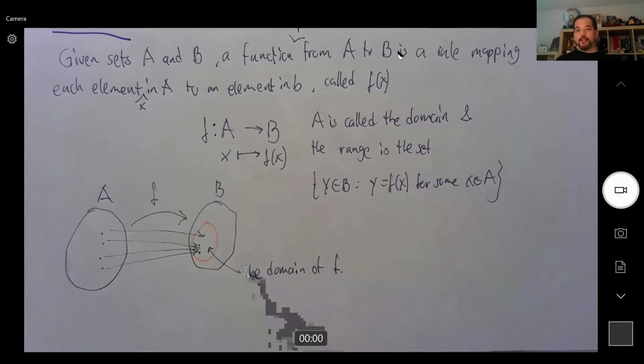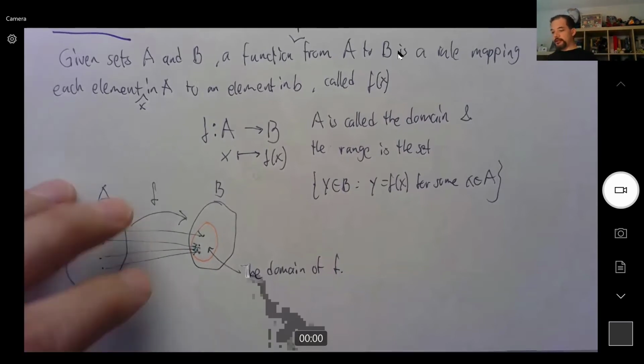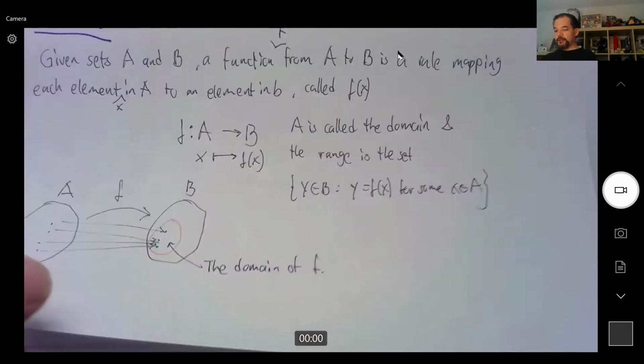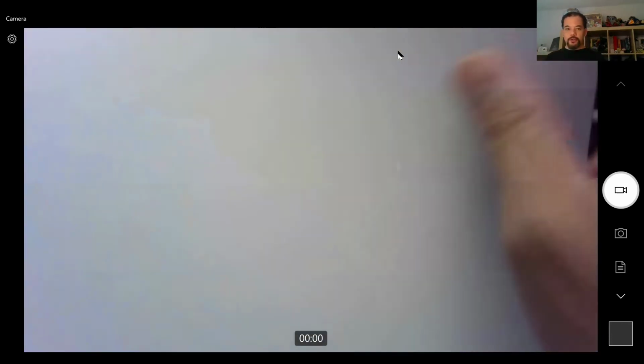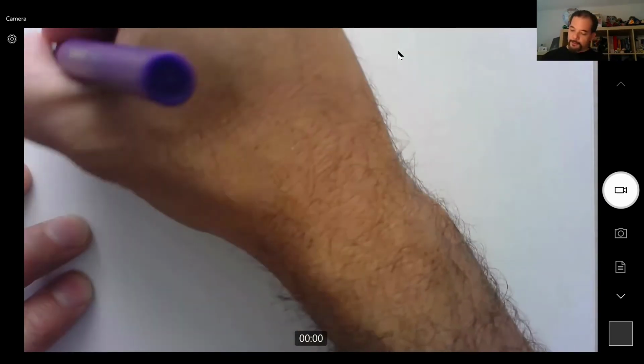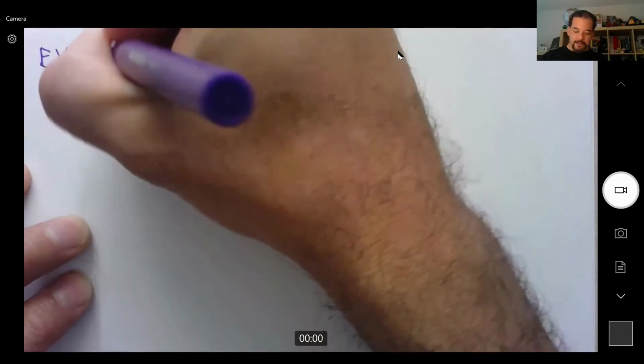Now, you need to realize that functions can be actually quite complicated, and the book has at this point a little example of one that we're going to see later on with more detail, but let's introduce it right now. So in the book, this is example 1.2.4, and it has a name.